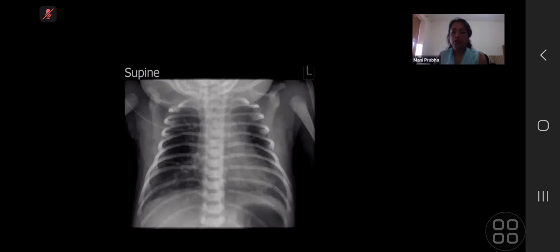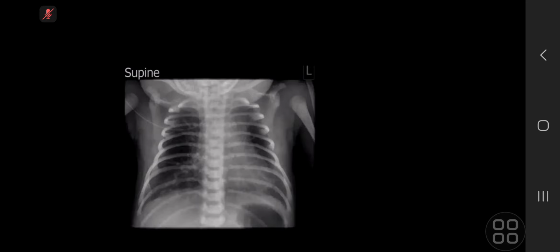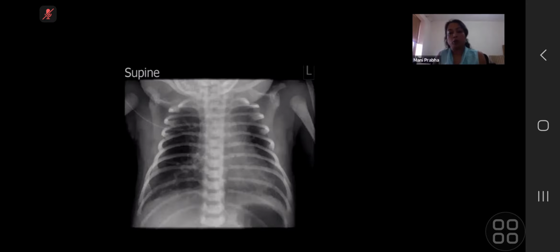And what's the pathophysiology in this? Because there is no squeezing, as we get in the normal birth. In cesarean, there is no squeezing of the lungs, and the water retention is there. So fluid will be in the fissures, and we can see pleural effusion. So they can be small pleural effusions.